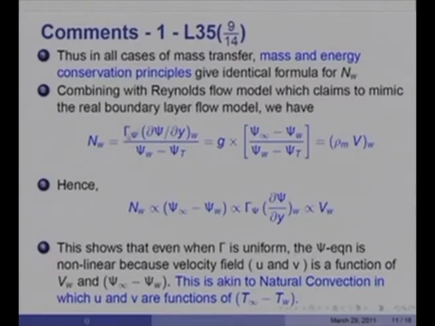Gamma is a property. So even if it was uniform through the considered phase, the psi equation is non-linear because the velocity field u, v is a function of VW and psi infinity minus psi W. Now this kind of coupling through the boundary conditions of the momentum and the mass scalar equations is akin to the natural convection problem, in which u and v are coupled to the energy equation through the source term we call the buoyancy term.